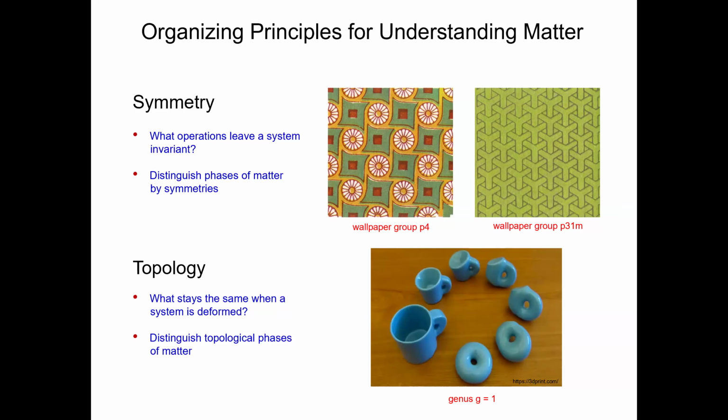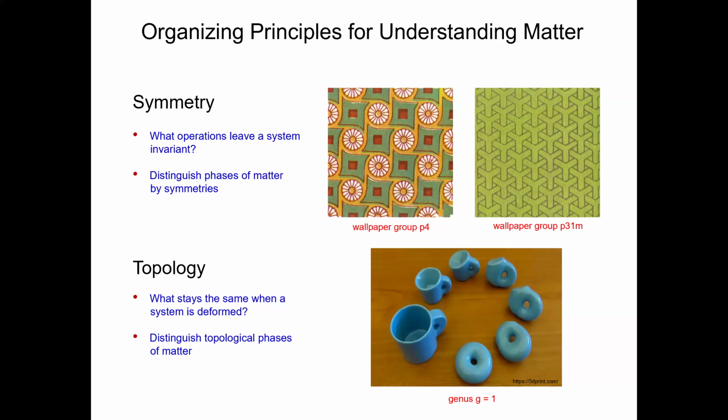Now, one thing I'll say is that topology in physics is a rather old story. This is something that goes back many decades, and what is relatively new, what I refer to as the physics of the 21st century, is a new understanding of how symmetry and topology interact with each other.